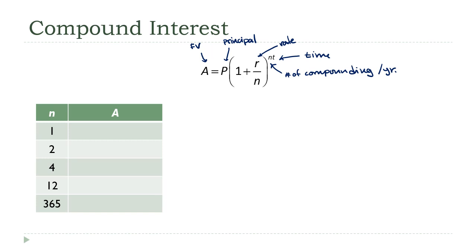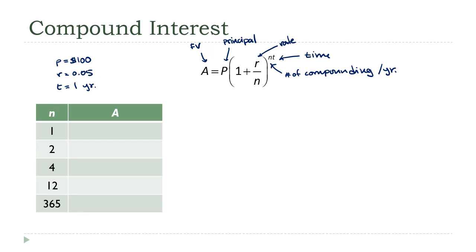Okay, so let's look at some examples. Suppose we take our $100 investment from the previous example, and we'll stick with our 5% interest rate and a 1-year investment. And what I'd like to do is calculate the future value based on some different compounding intervals.